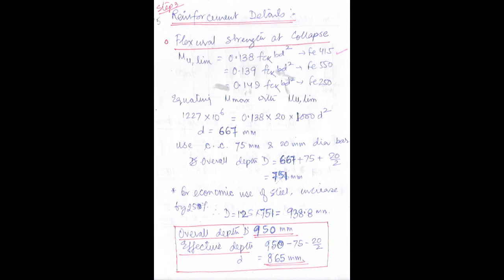Here I should make you alert that please convert the unit properly. We have got it in kilonewton meter, we have to convert it into Newton millimeter. So 1227 into 10 raised to 6 is equal to 0.138 fck bd². Now what is fck? fck is the compressive strength of concrete.